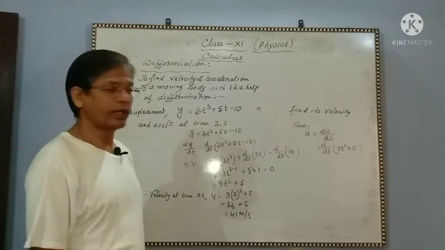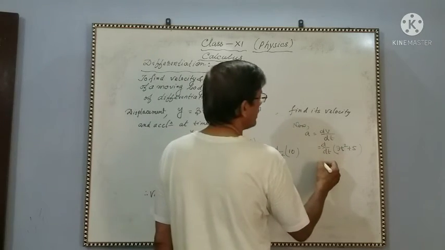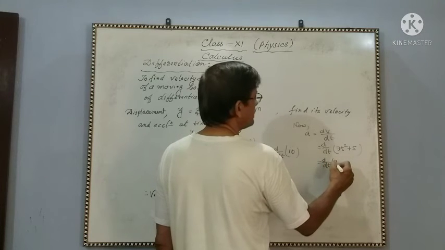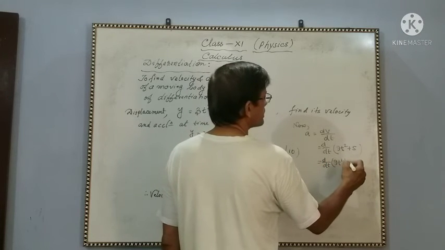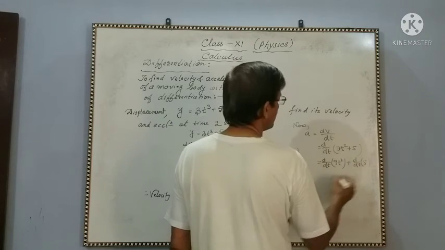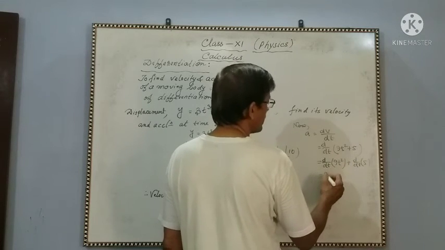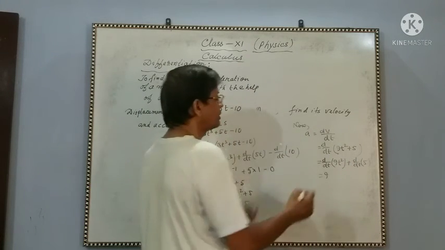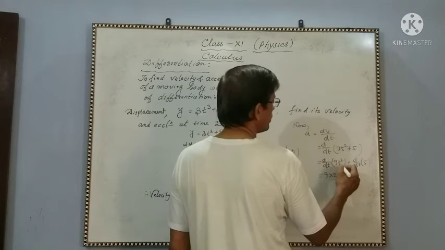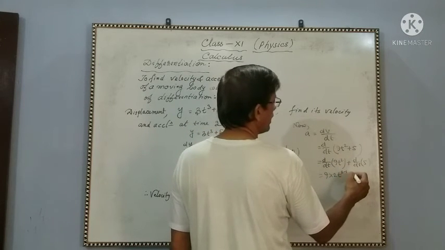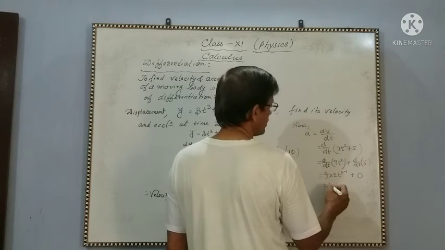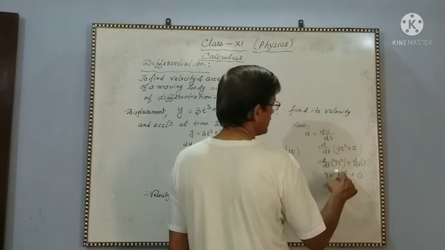Now d by dt of 9t square plus d by dt of 5. So 9 is constant, coming out, then power is 2, then power is decreased by 1, 2 minus 1, and differentiation of the constant term is 0. So it is coming 18t.